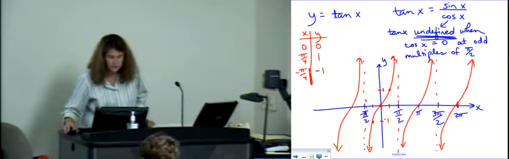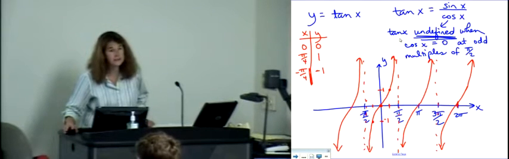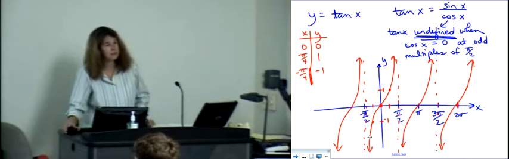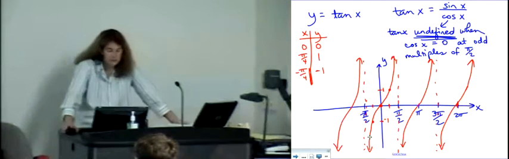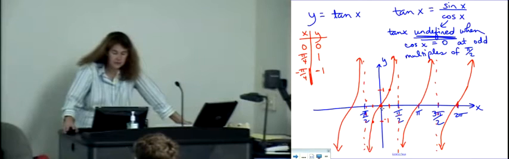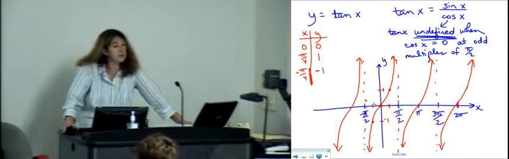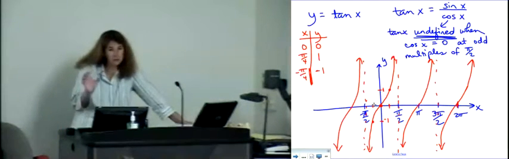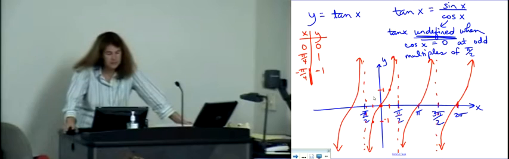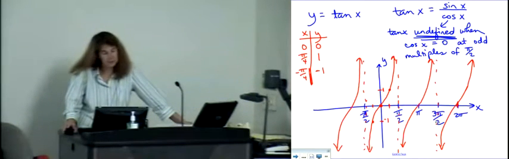So if we go down here, we see first off it's an increasing graph. From left to right, it's going up. So as we read the graph from left to right, it's going in an upward motion. So it's increasing. If we look at just one little section, between 2 vertical asymptotes, because that's what's being repeated over and over, we see that this repetition is occurring from negative pi halves to positive pi halves, or that would be 1 pi unit, or from pi halves to 3 halves pi.